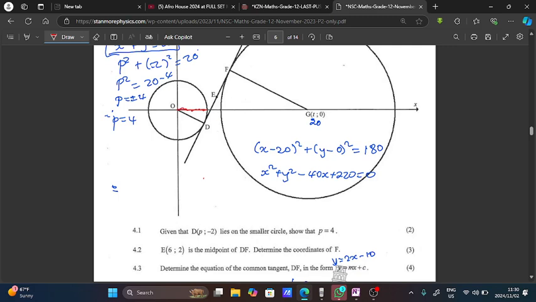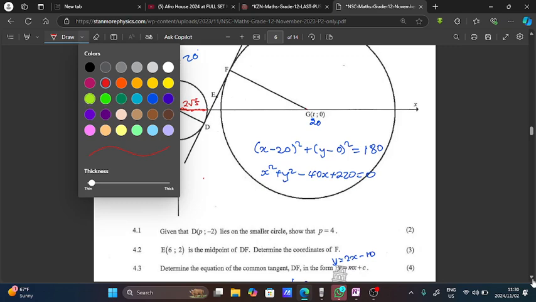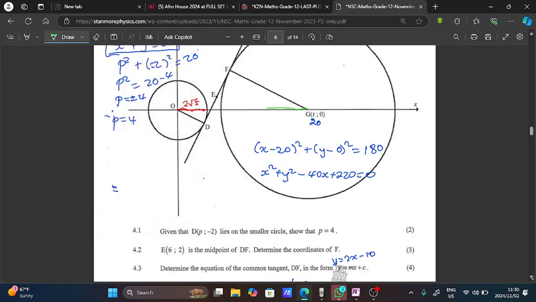What is the radius of this part? What is the radius of this one? 2 square root of 5, which is square root of 20. Now, there is also the radius of this bigger circle. Let's check it here. What is it? 6 square root of 5.